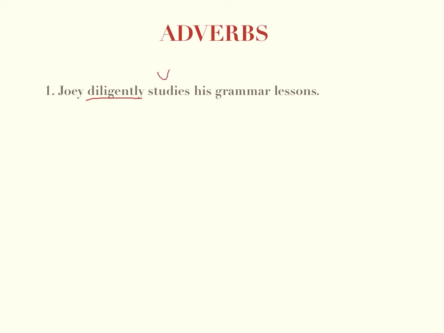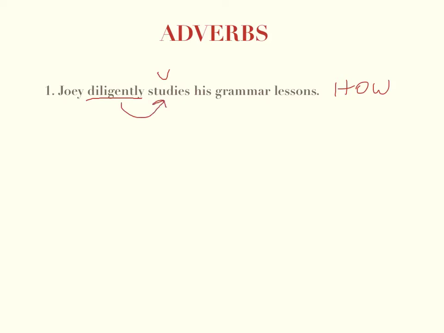Remember, adverbs not only modify verbs, adjectives, and other adverbs, but they answer the question how, when, or where about the verb in a sentence. So in this case, how does Joey study? Joey studies diligently. So diligently is modifying the verb studies.